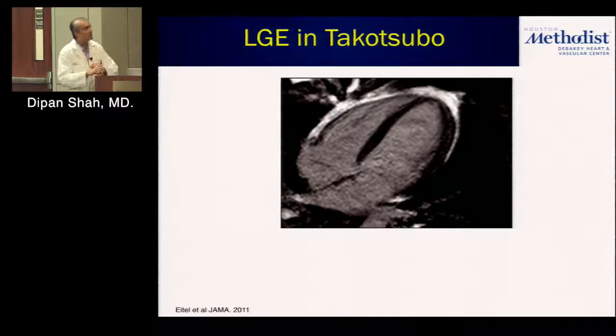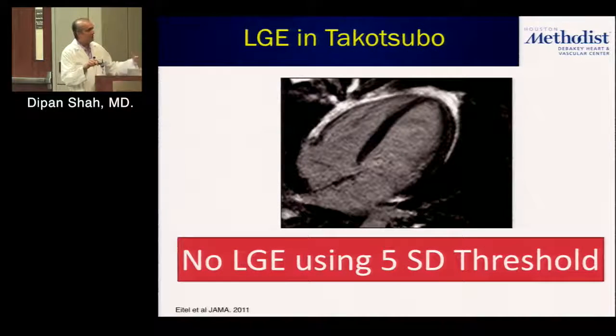The other thing that they demonstrated in this study was that these patients, despite the fact they have significant wall motion abnormalities, don't have late gadolinium enhancement. And in fact, especially when they're using a strict definition to define LGE as more than 5 standard deviations above remote region, there were no patients that had evidence of LGE.